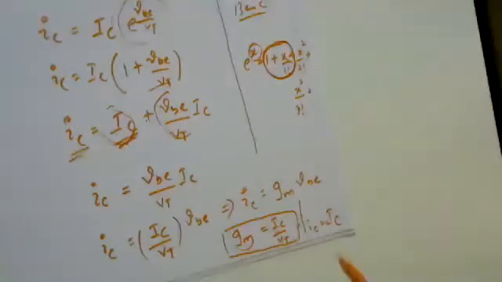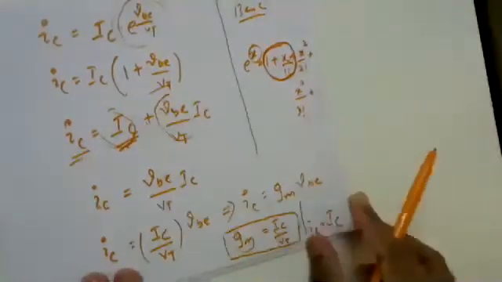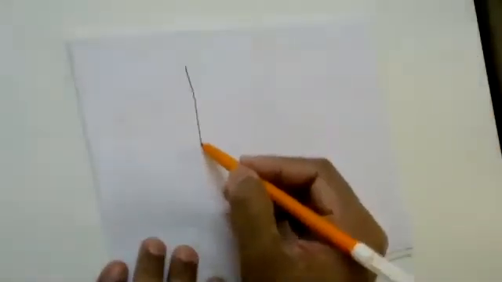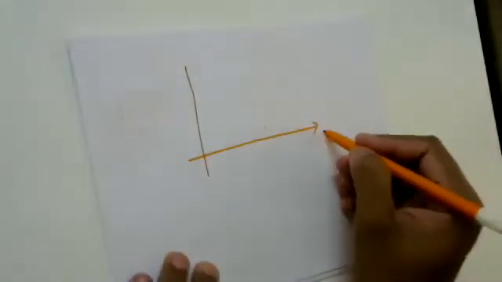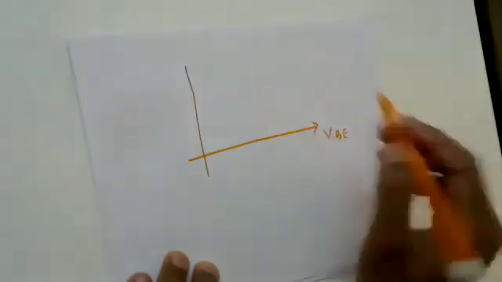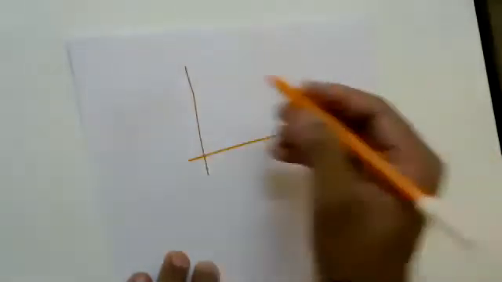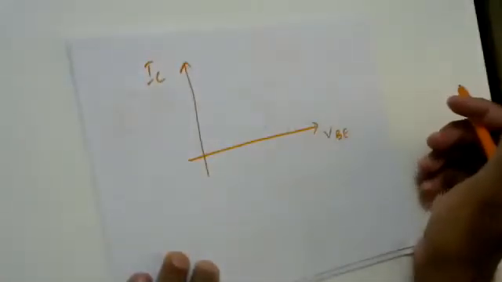In the simplest of meanings, if I want to express it graphically and make things very simple for you, I can plot a graph of VBE versus the collector current IC.